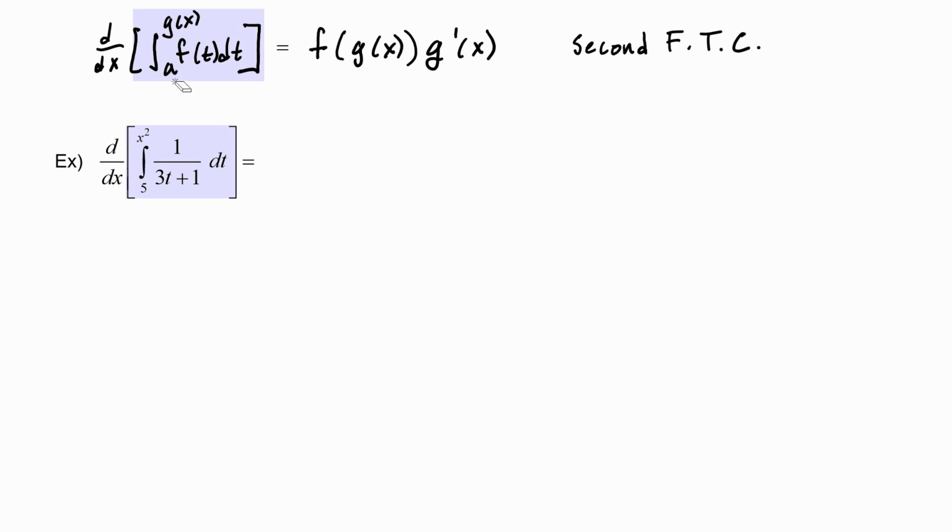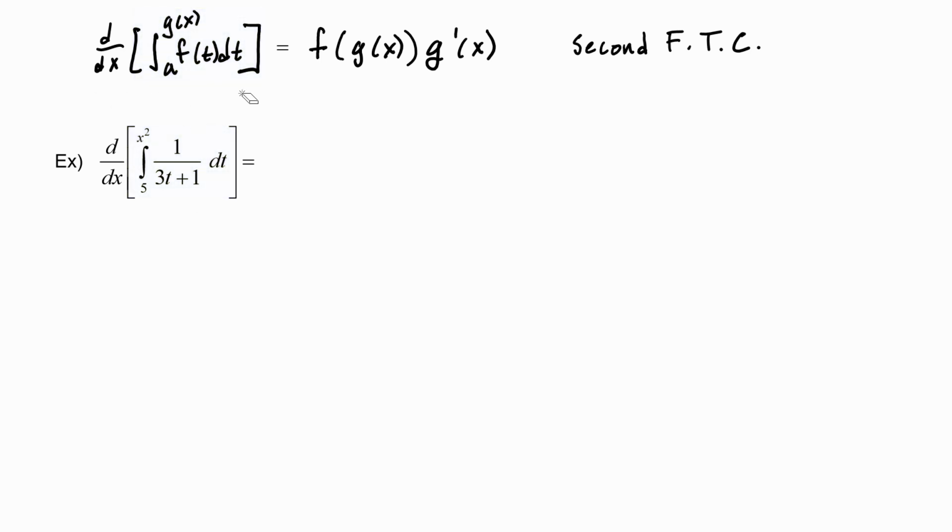So the rule says we need to have a constant as the lower limit and the function as the upper limit. 5 is a constant, that's our lower limit, and x squared is a function, is our upper limit. So we match that part, and then we need a function of another variable, f of t dt, and we do have that in here, f of t dt.